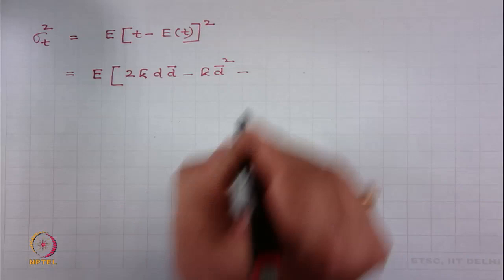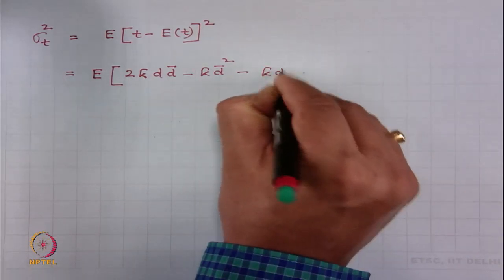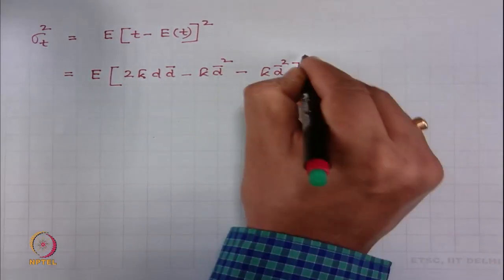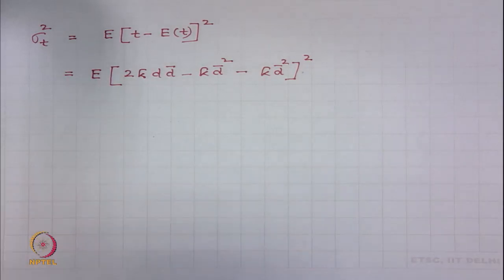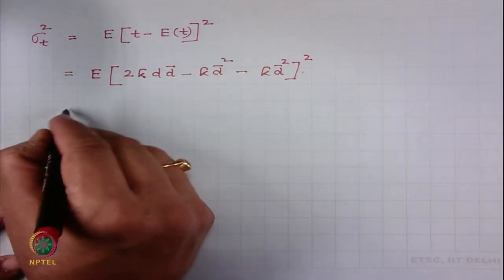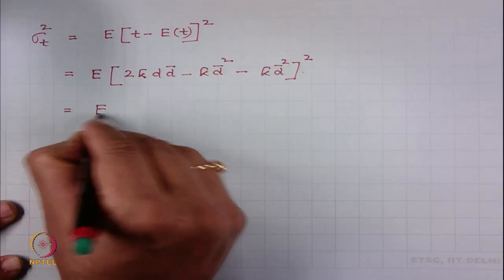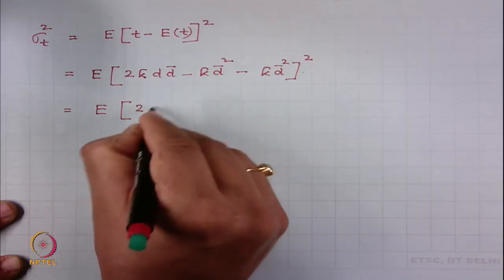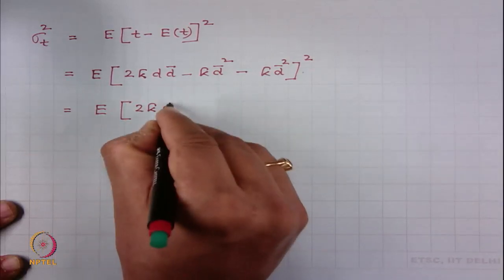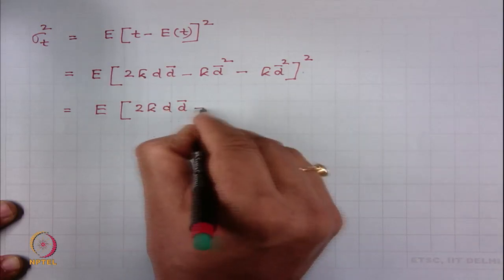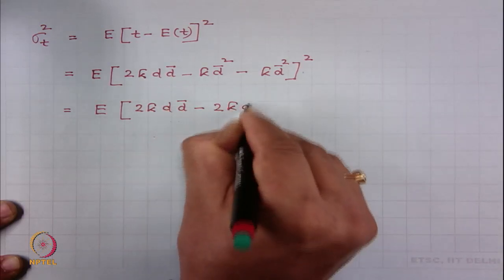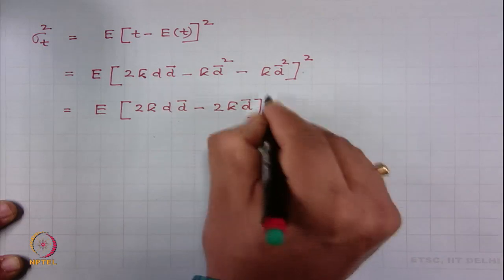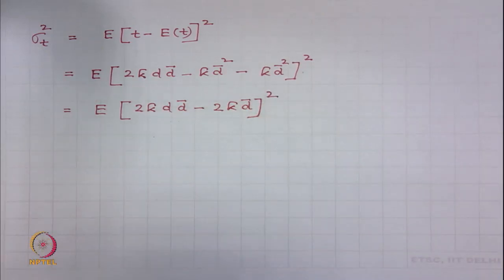What was mean of t? k d bar square. So, what we obtained? Expectation of 2 k d d bar minus 2 k d bar square.